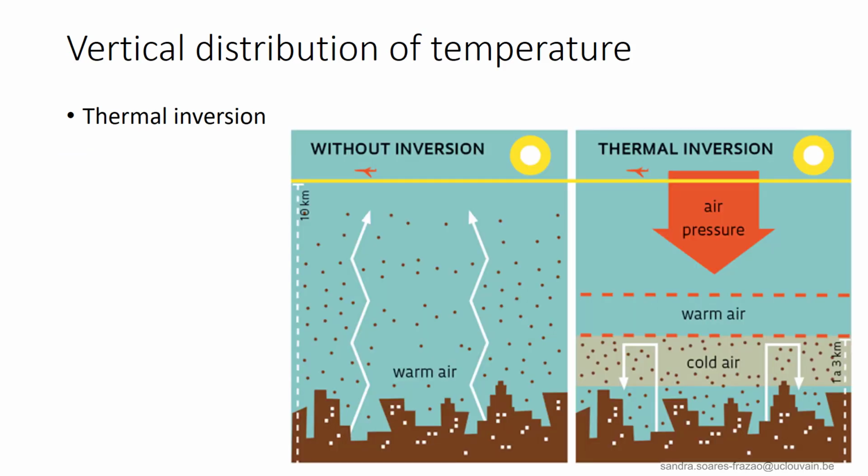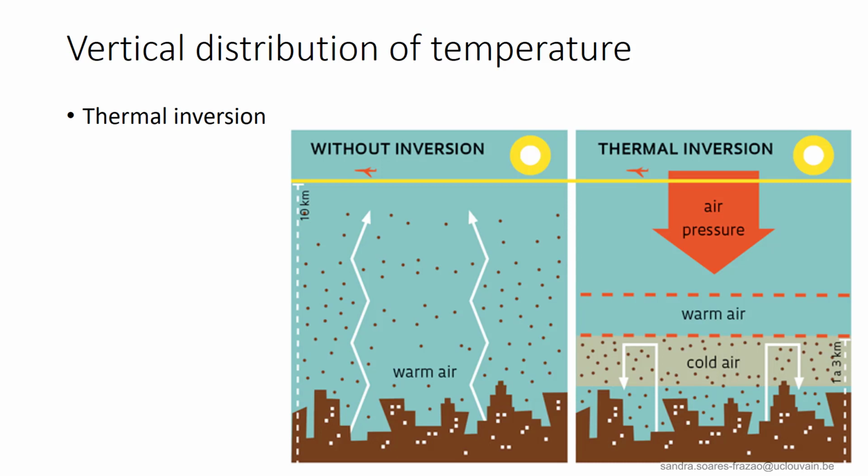In normal situation, due to this temperature profile, the warm air close to the ground rises because it is lighter than cold air, and these currents entrain pollution produced by human activity. This mixing is enhanced by strong winds close to the ground.